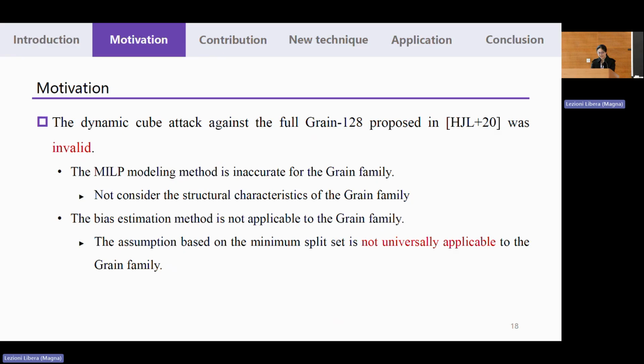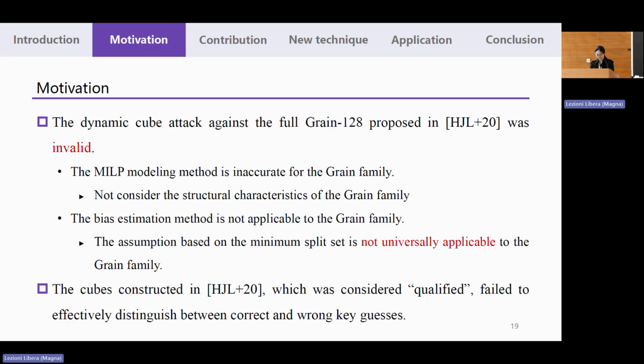Second, there is a significant gap between the theoretical biases estimated and the actual biases. After extensive experimental validation, we found that the assumption used in the paper is not universally applicable to the Grain family of ciphers. Therefore, the qualified cubes constraint in that paper failed to effectively distinguish between correct and wrong key guesses.